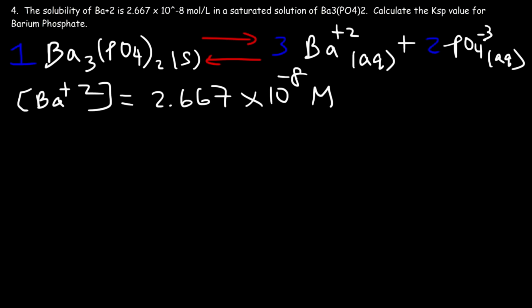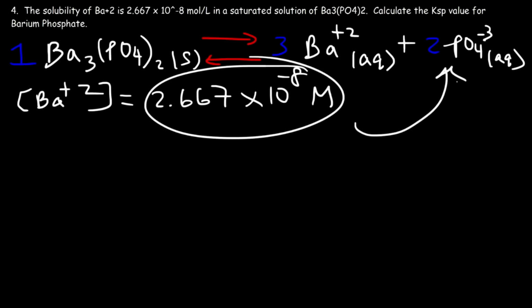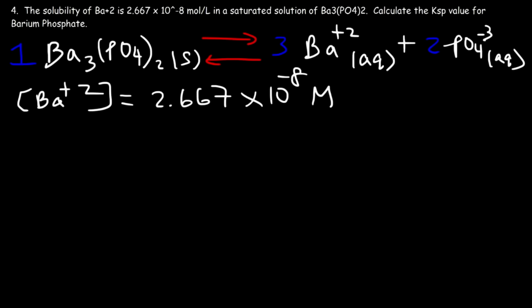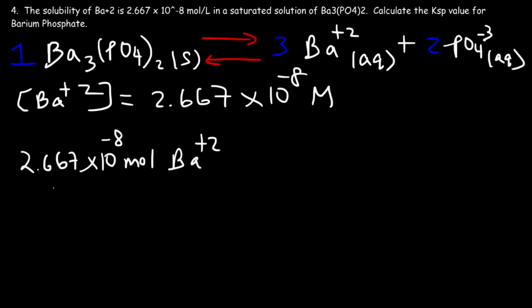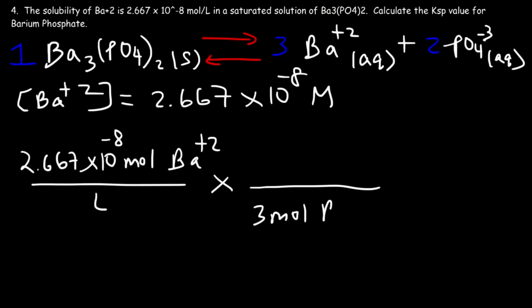So what we need to do is take this value and convert it to the concentration of phosphate. And we can use the balanced chemical equation to do that. So let's start with 2.667 times 10 to the minus 8 moles of Ba plus 2 per liter. And the molar ratio is 3 to 2. So for every 3 moles of barium that dissolves, 2 moles of phosphate will dissolve along with it.